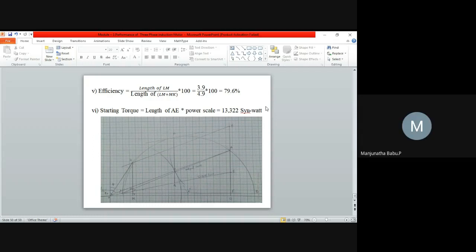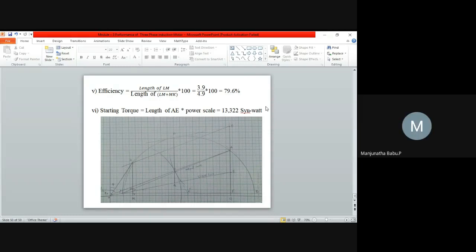Next, the last thing, starting torque. So to find starting torque, the length of AE is around 4.2, into power. 3.9. How much? 3.9. Okay, 3.9 into power scale.